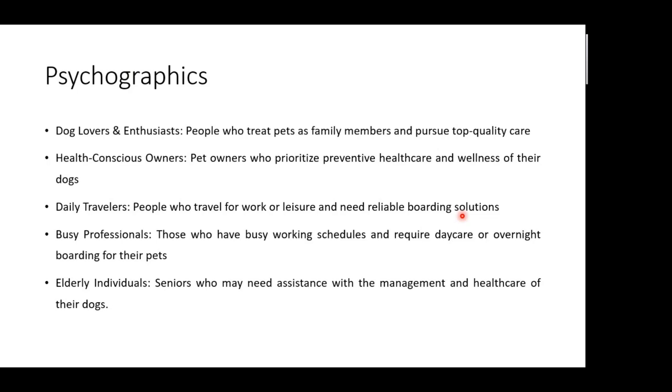So likewise, this we call it psychographics. Psychologically, what they think. So based on what they think psychologically, you are getting a market. So there are people who would like to treat their pets as one of their family members. So if there's a person who would like to treat his dog or cat just like a family member, so being a pet caring setup, you have a business there, you have an opportunity there.